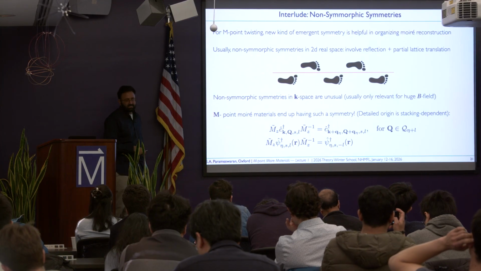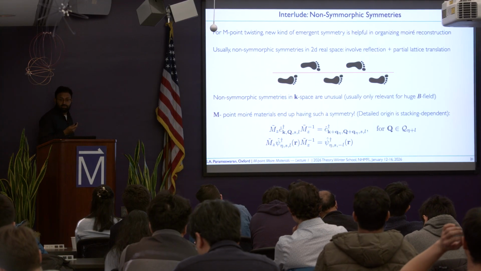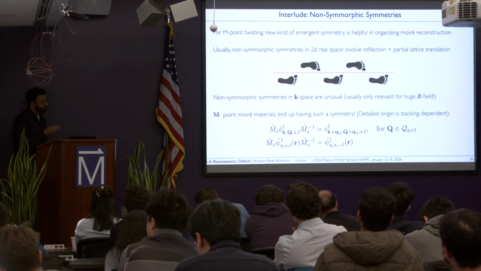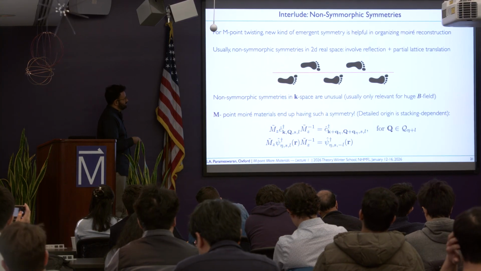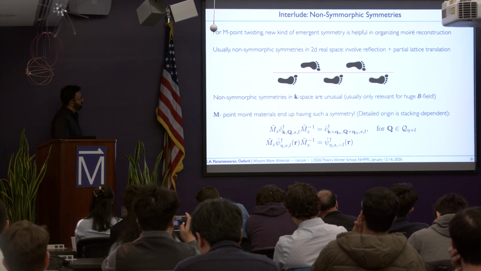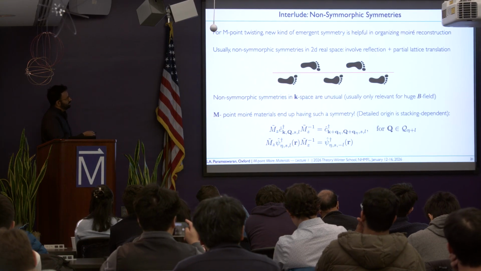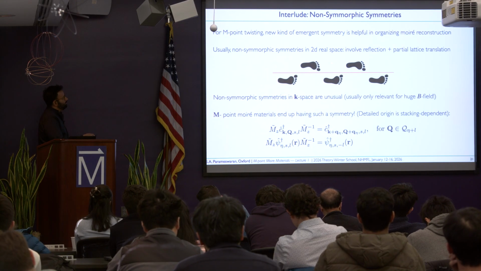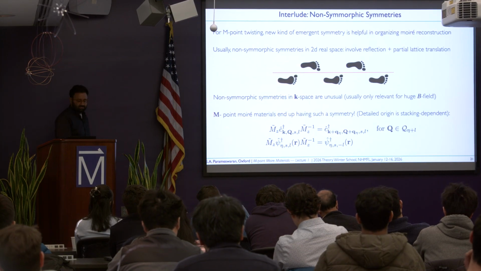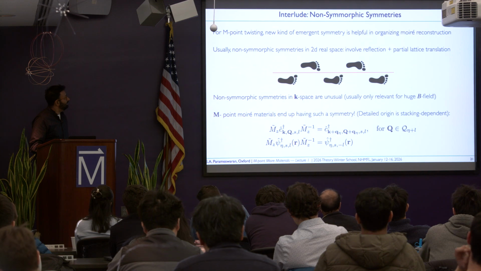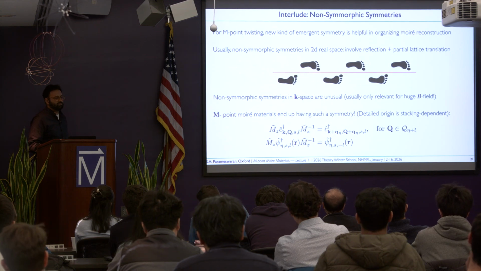Usually these are symmetries that exist in 2D real space. They're symmetries of 2D crystals that are very important, and I thought about these about a decade ago because they're useful in coming up with generalizations of the Lieb-Schultz-Mattis theorem using these kinds of symmetries. In 2D, there's a unique type of non-symmorphic symmetry, which is a reflection followed by a partial lattice translation. So for instance, if I had a picture like this, I reflect and do a partial translation, right?